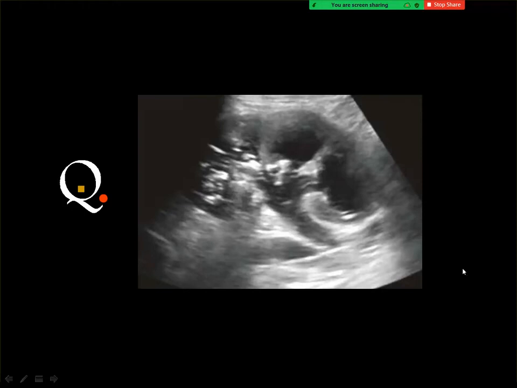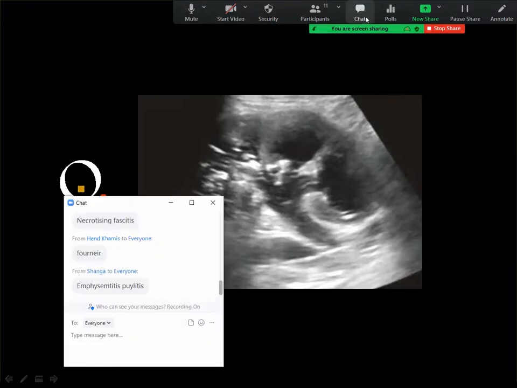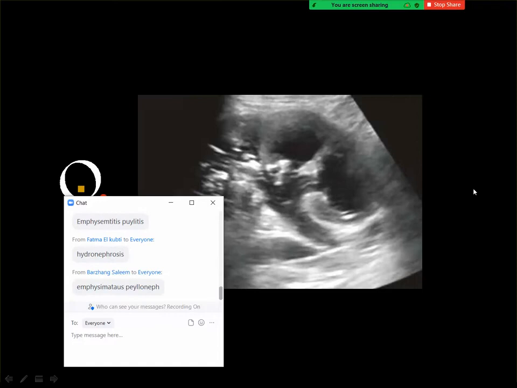The next case is an ultrasound of the kidney. Yes, this is right.